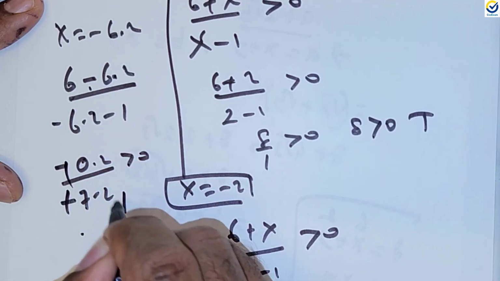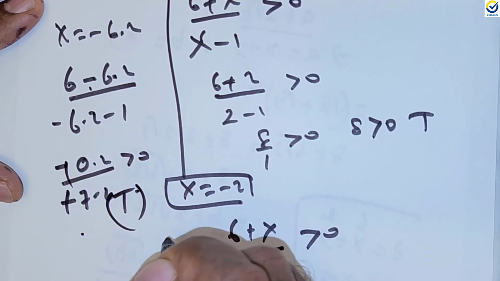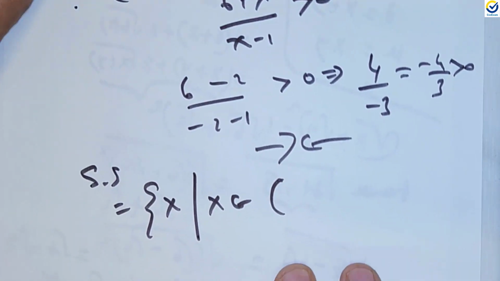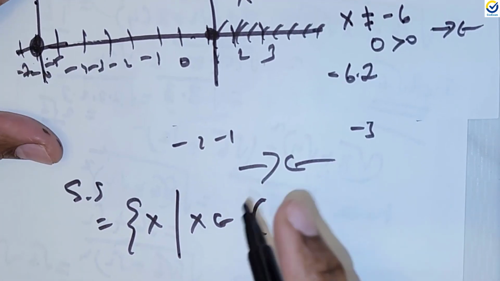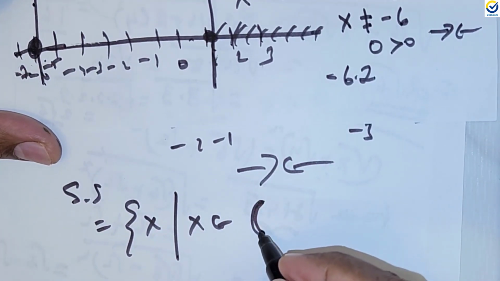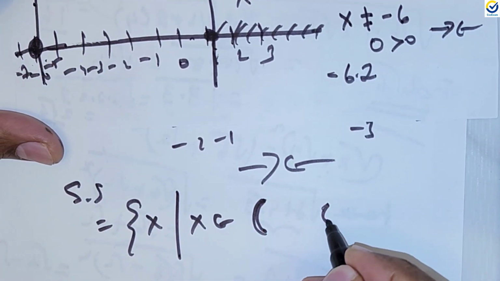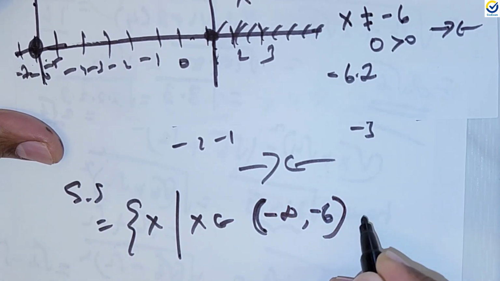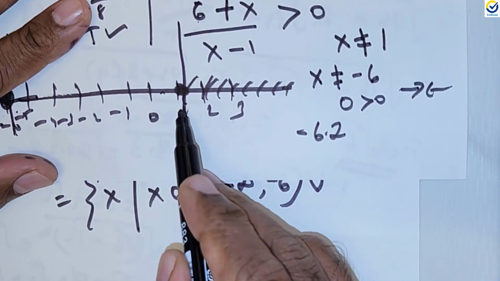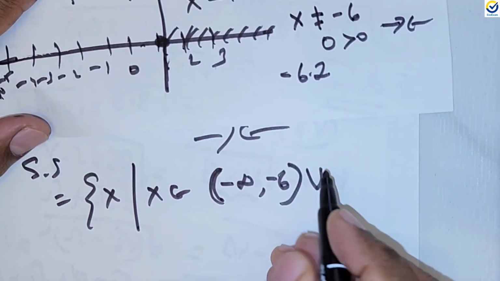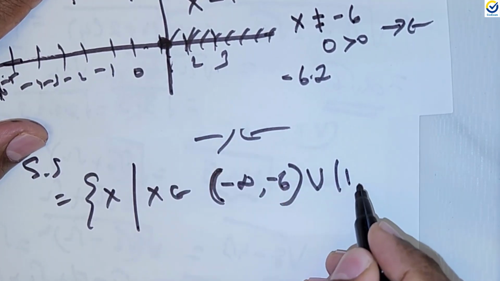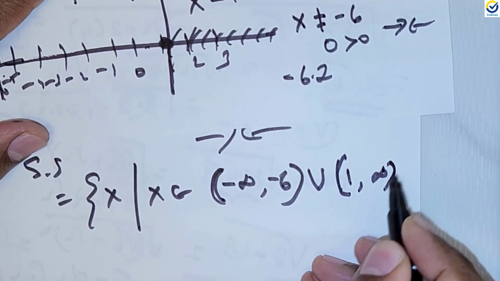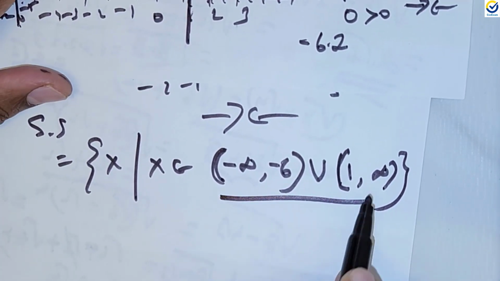It's truly greater than 0. So we are taking the open interval: all x from −6 all the way to −infinity, union, as I mentioned, we are not including 1, but all the way to positive infinity. So this should be the solution set.